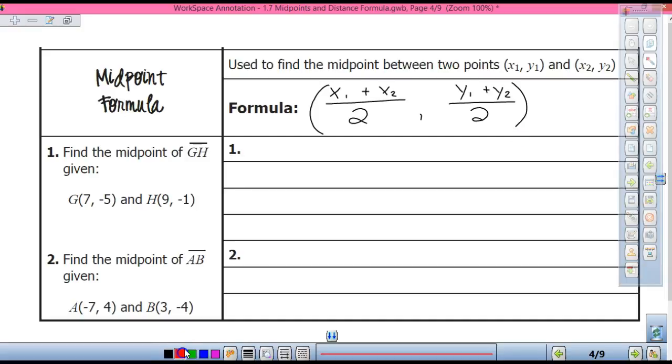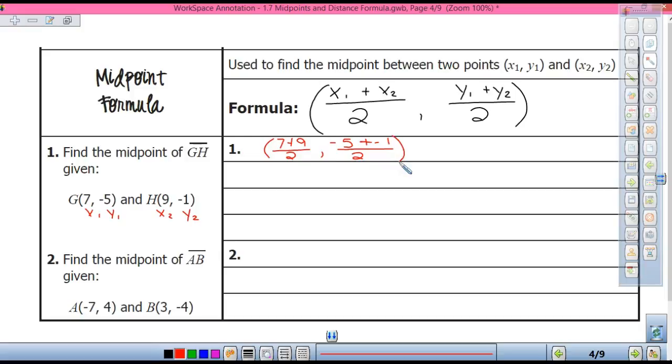So, if this is my point, x1, y1, x2, y2. Okay, add together my x's. So my x's are 7 plus 9 and divide by 2. Yep, 8, comma, what are my y's? y1, negative 5 plus negative 1 divided by 2.